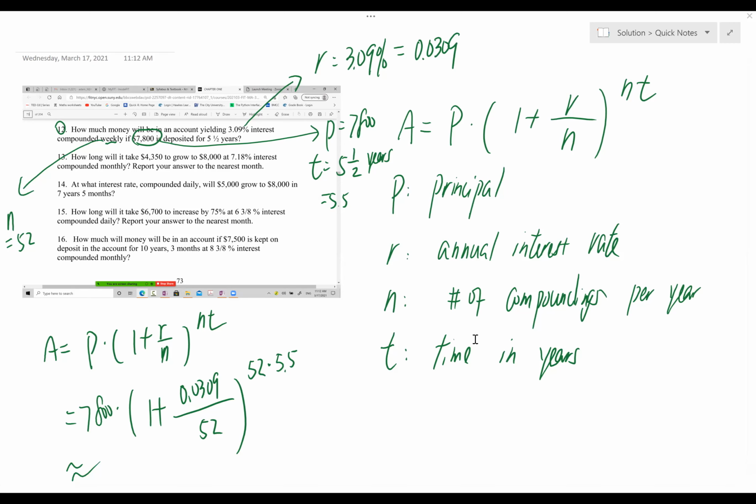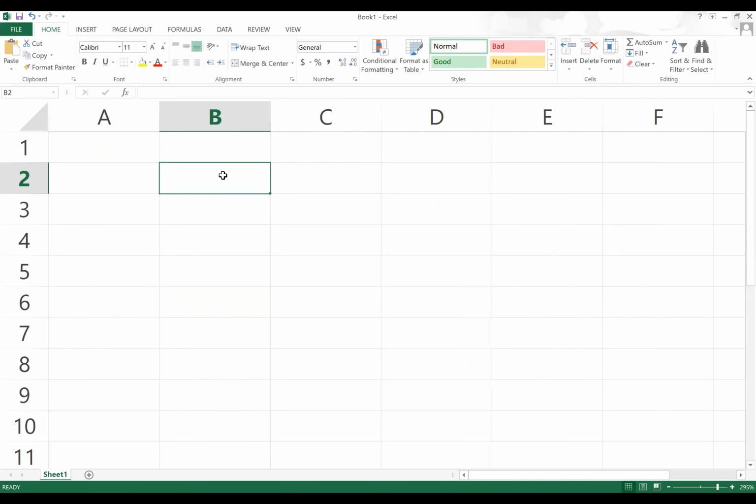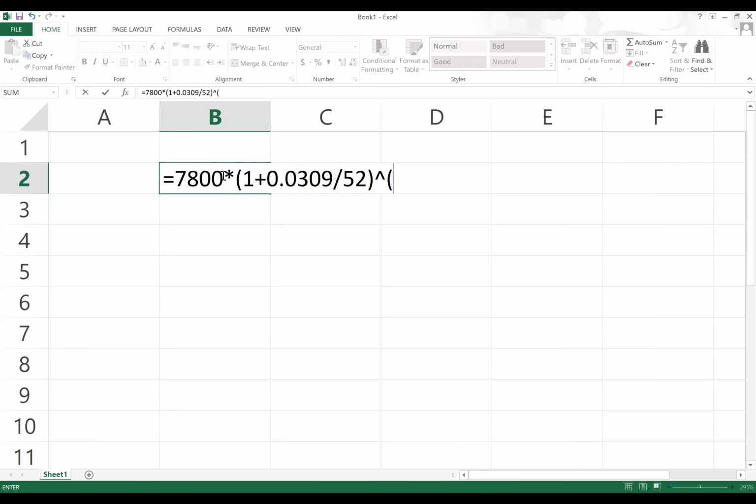I'll share the screen with you. Here you go. 7,800 multiplied by 1 plus 0.0309 divided by 52, no, by 52, and then raised to the exponent 52 times 5.5. That should give you the result right away.